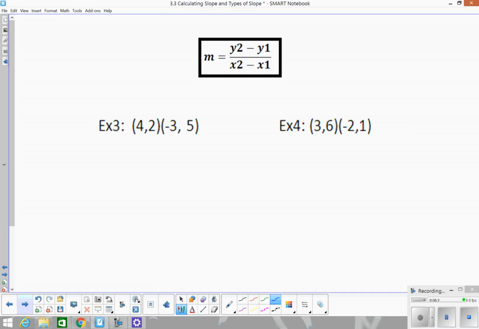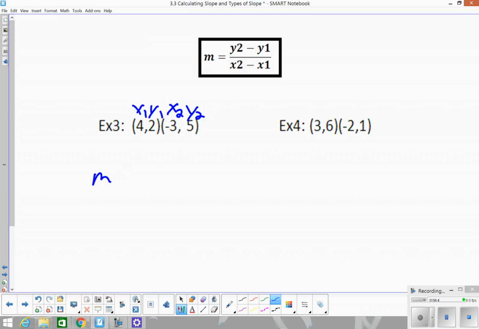Okay, I'm going to set up example 3 with you, and then I want you to work on example 3, example 4, ask questions, and example 5 is going to be a money problem. So like I said, you want to go ahead and label your ordered pairs. So I have an X, a Y, an X, and a Y. I'm talking about my first ordered pair, and my second ordered pair.